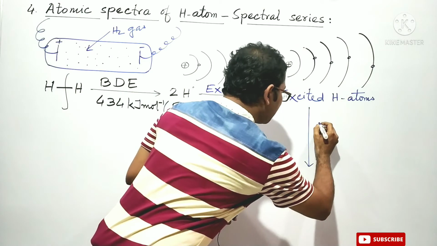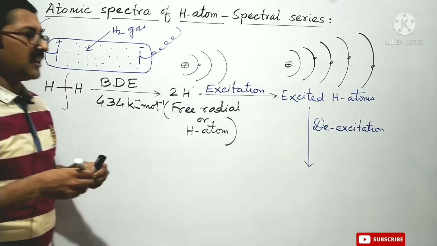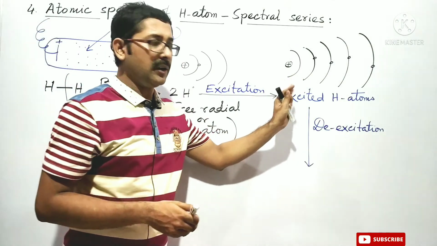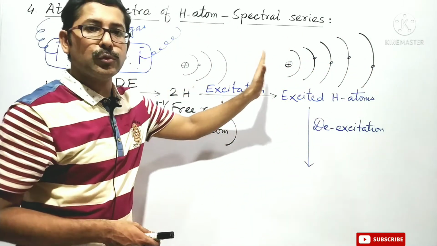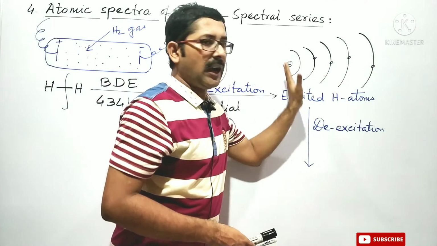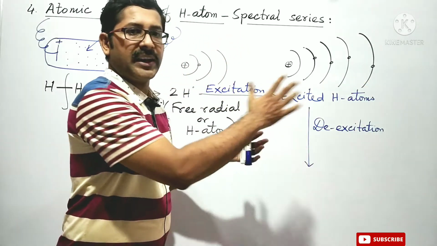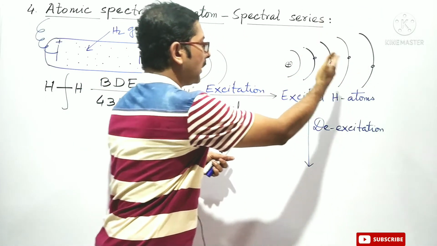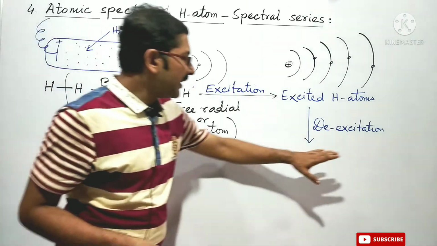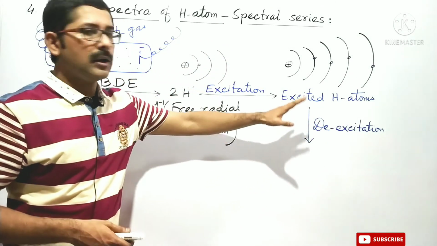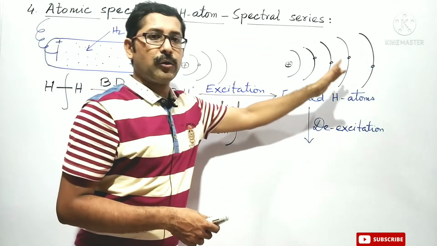Now de-excitation of the electrons will occur. That is, the electrons of higher orbit now come to the inner orbit. Electrons of the higher orbit now lose their energy, emit the energy to come back to the inner orbits, and this de-excitation can occur differently for different atoms.